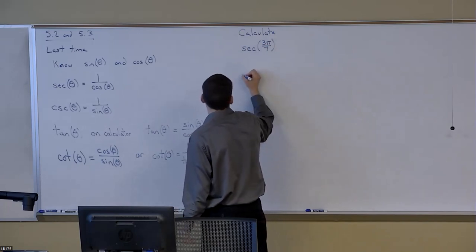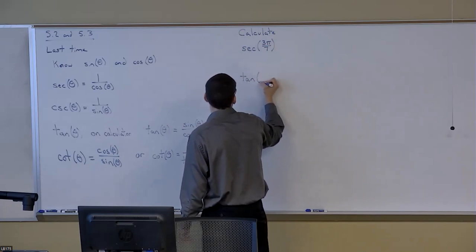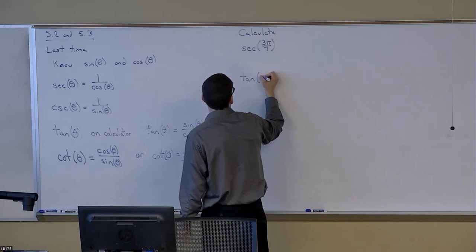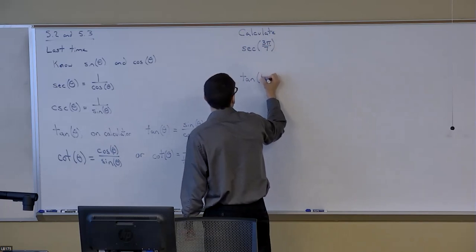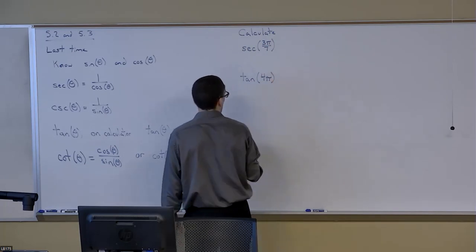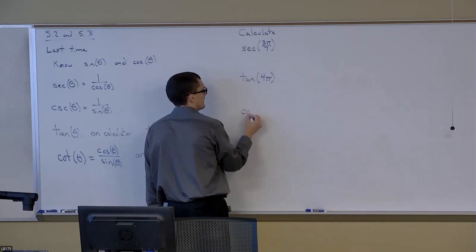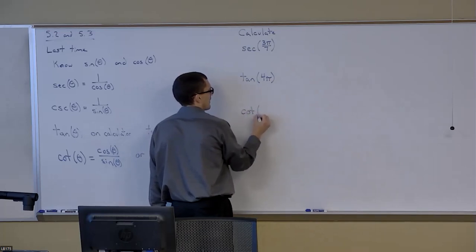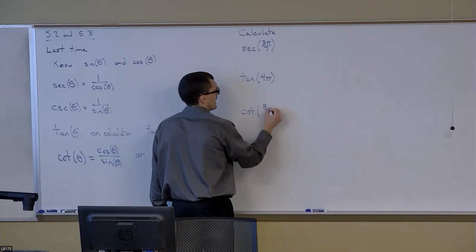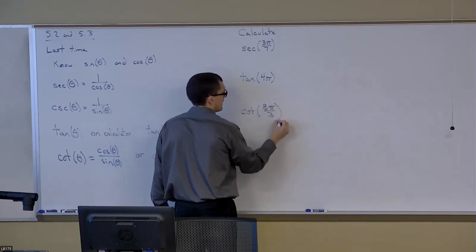And calculate, let's say, tangent of 4 pi. And then let's do cotangent of 8 pi over 3.